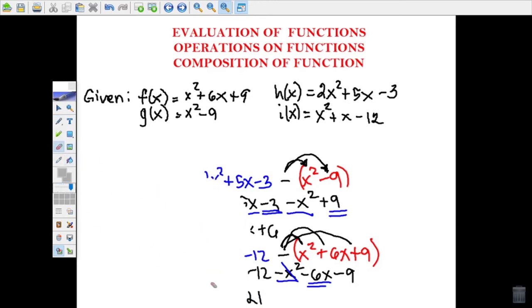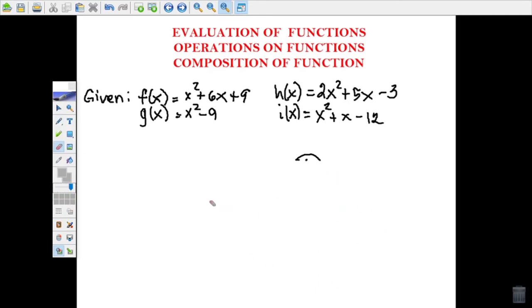O paano naman pag magmumultiply? O madali, parang kung paano lang tayo nagmumultiply ng polynomials. So for example, g of x multiplied by, let's say, f of x. So again, kopyahin nyo lang si g of x, x squared minus 9.